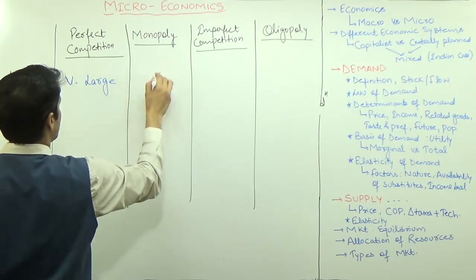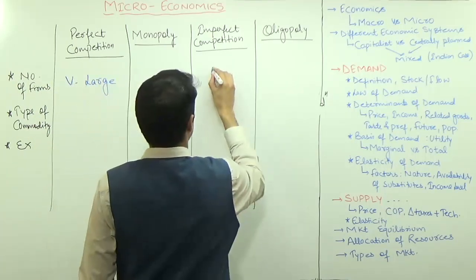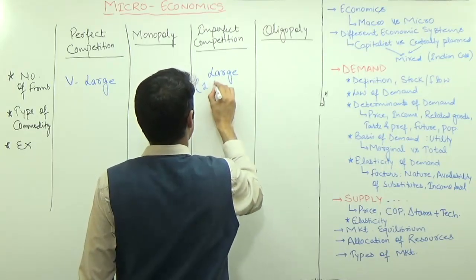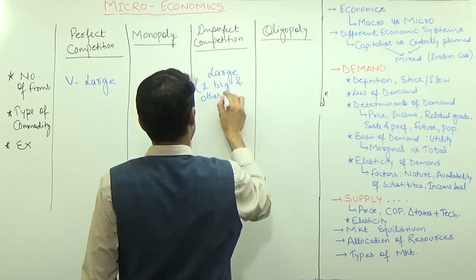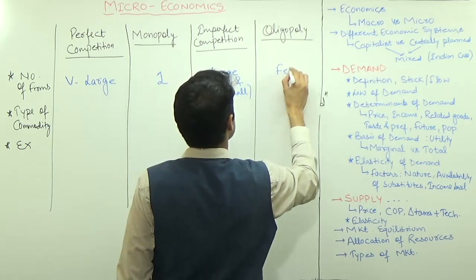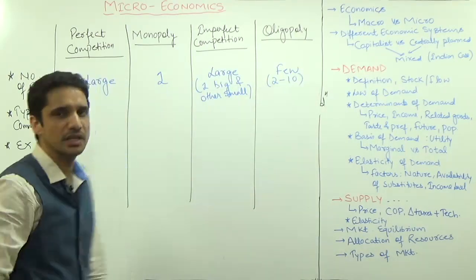In case of monopoly, only one firm will be there. In case of imperfect competition, there will be large firms, but one is big and the others are small. In case of oligopoly, few firms will be there, roughly 2 to 10 firms.